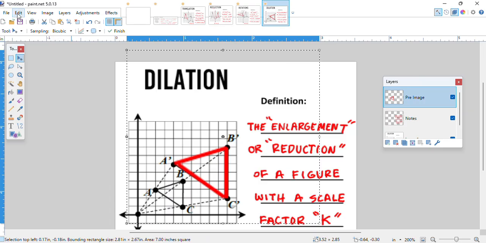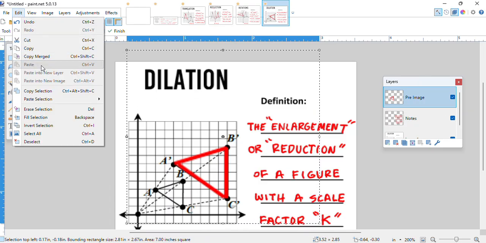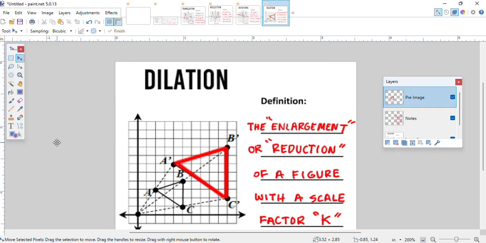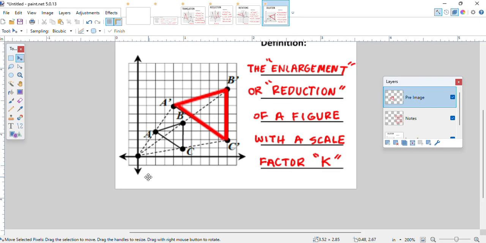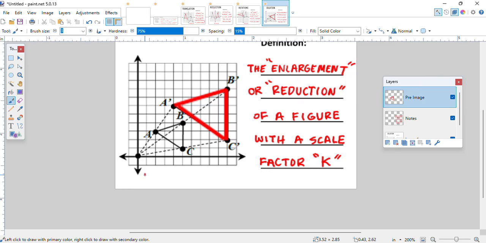But what does change is the size itself, which means the sides are no longer the same. And since they are no longer the same, this is the one example currently of a non-rigid transformation.